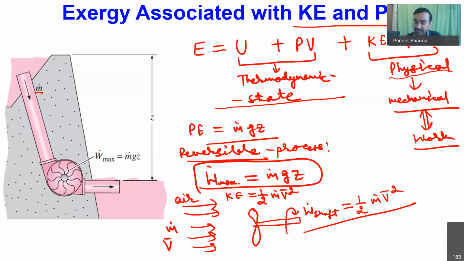Or, if this internal energy is associated with a rise in temperature, we can allow heat to transfer between our system and surroundings, and there we can employ a reversible heat engine, which will produce an equivalent amount of work.